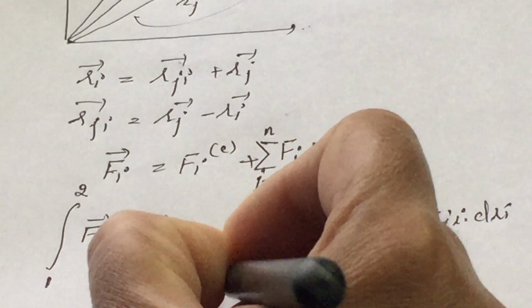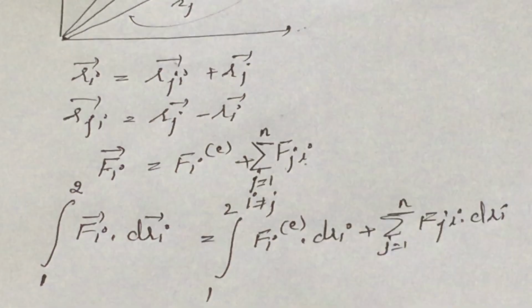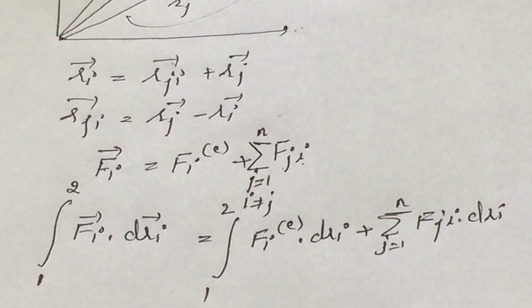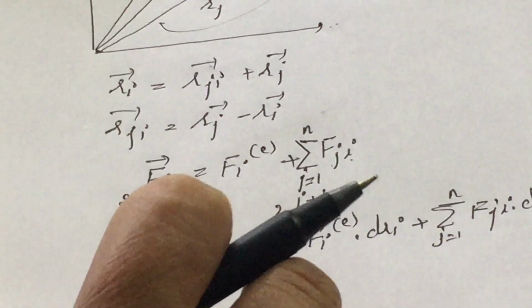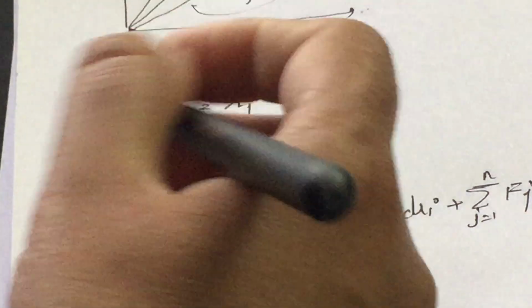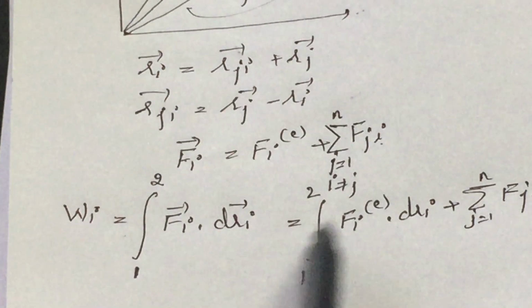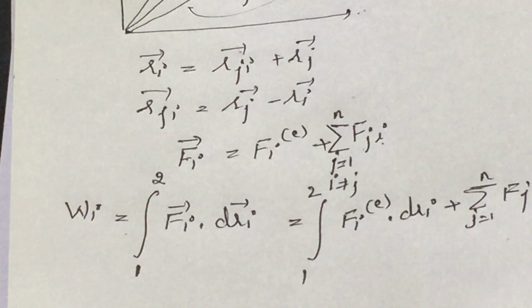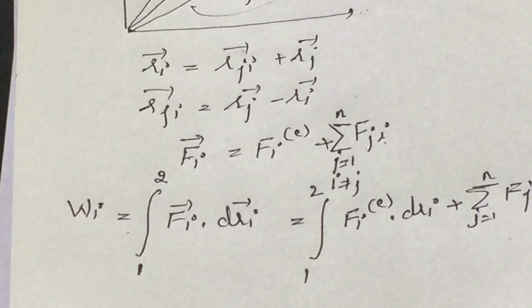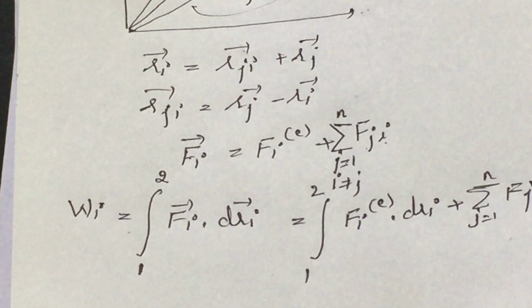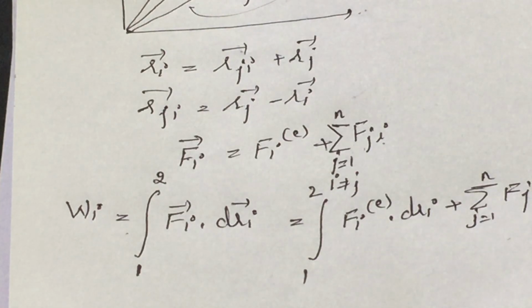So we are just integrating from the initial position to the final position. This is representing the work done on the ith particle, because still we are just dealing with the ith particle, but the whole system is moving from position 1 to 2, not only the ith particle.